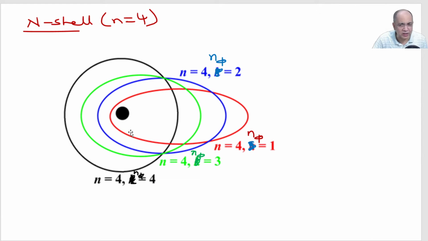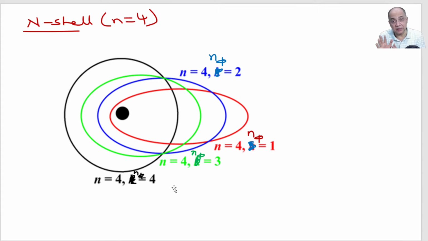But in all these cases, the focus of the foci is the place where the nucleus is situated, right? And the center of the circle is the same as the focus of all these three elliptical orbits, representing three suborbits. This is one circular suborbit, and these are the three elliptical suborbits.